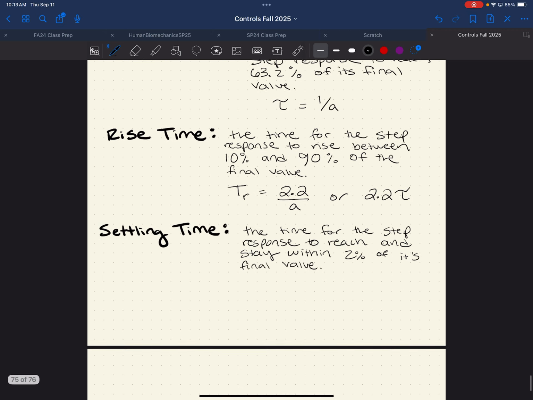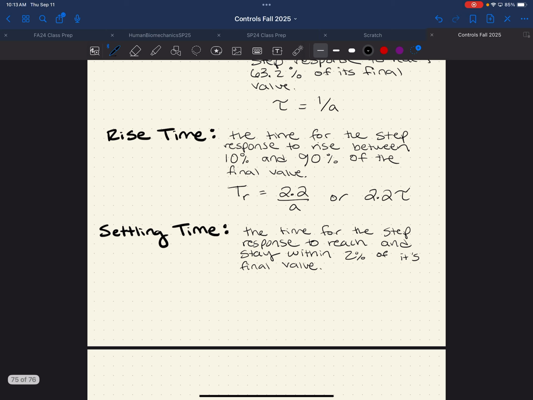When we go to look at higher order systems, like our spring systems, is it possible that a system might never settle? Yes, absolutely. So it is very possible that a higher order system, not a first order system, but a higher order system could oscillate indefinitely so that it never stays within this 2% envelope.